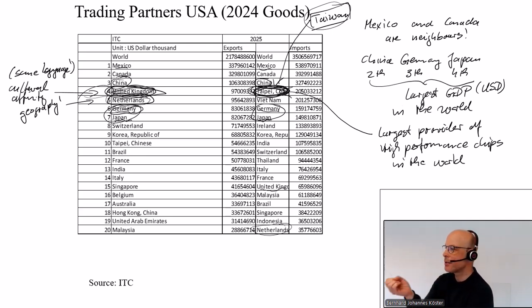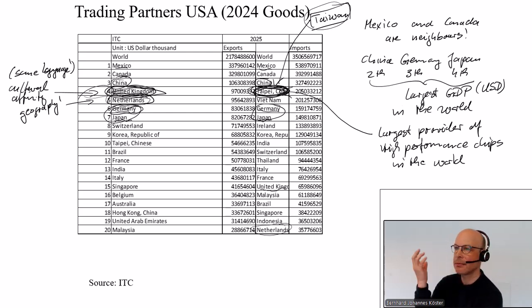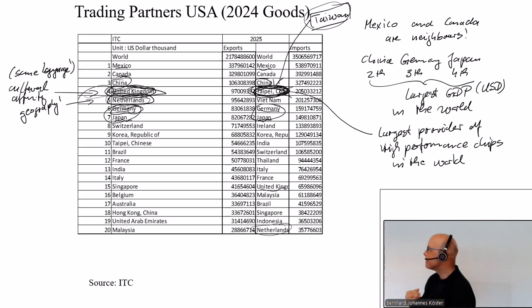At first a surprise, but if we look especially at electronics and high performance chips, which they need in the United States for all the tech companies, cloud computing, artificial intelligence, and so on, then it is not such a surprise that we find Taiwan at a very high position in the trading relations with the United States.